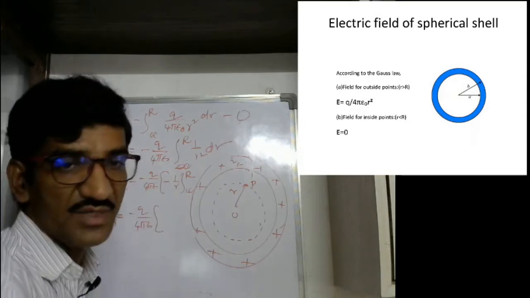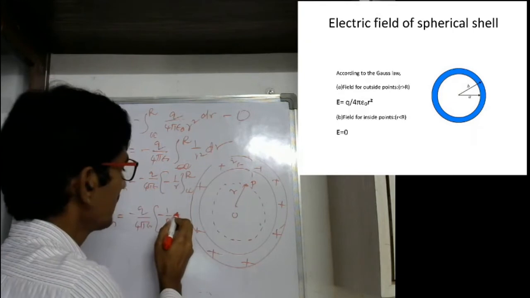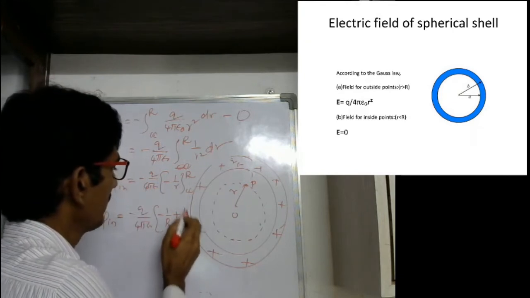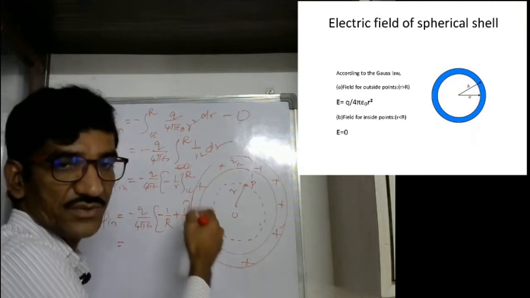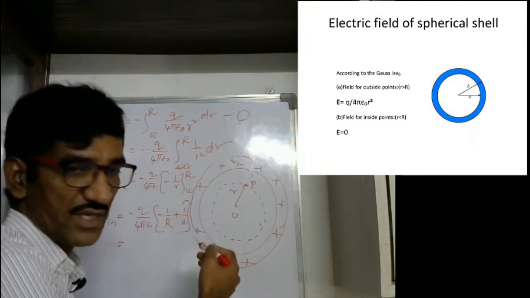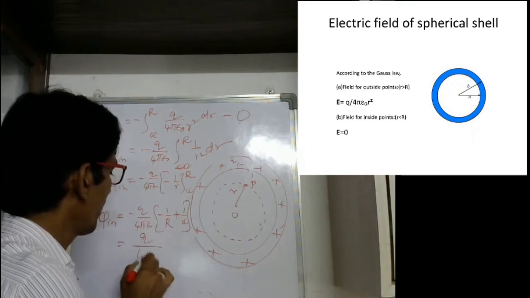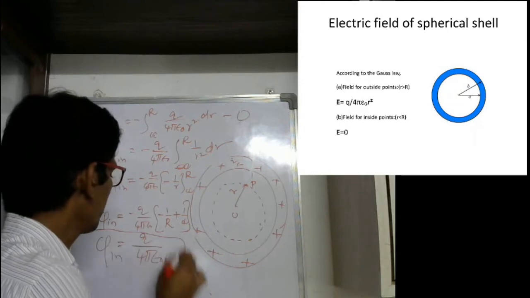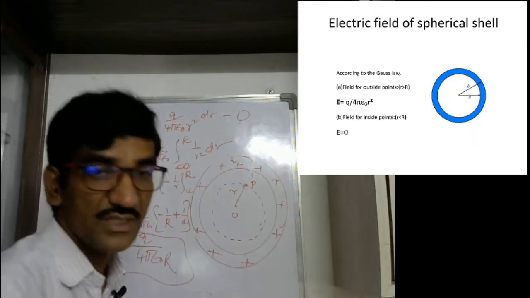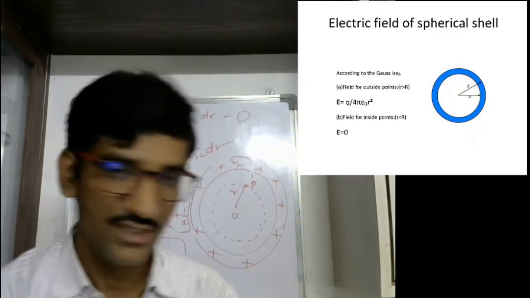Now apply the limits of integration: minus 1 by R, minus into minus, plus 1 by infinity. This is 0. The first term is minus 1 by R, minus into minus, plus q by 4 pi epsilon naught R. Now this is the final expression for the potential inside the spherical shell.